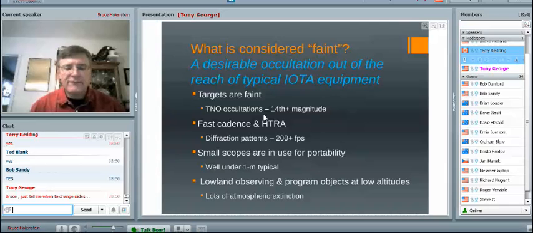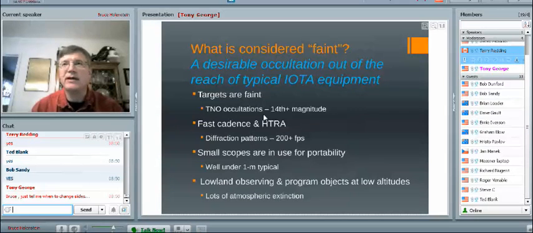So for this talk, what is considered faint is a desirable occultation out of the reach of typical IOTA equipment. And this could be where the targets are faint, for example, TNO occultations where the objects are 14th magnitude and fainter, where a particularly fast cadence or what we would call a high time resolution astronomy project is underway.